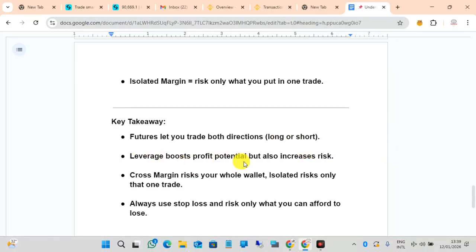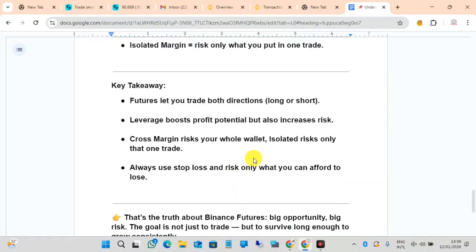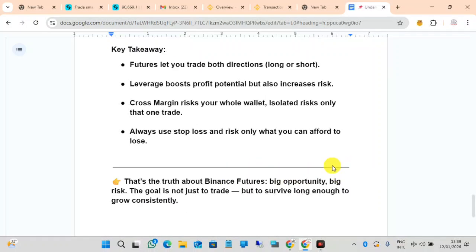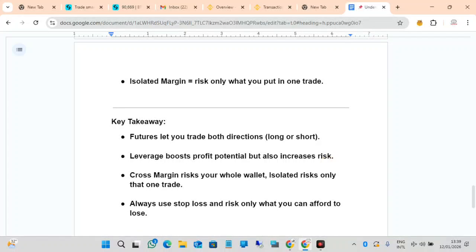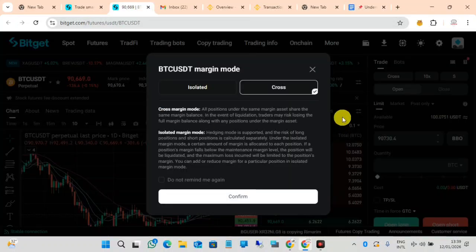Leverage boosts profit potential but also increases risk. Cross margin risks your own wallet. Isolated risks only that one trade. Also, always use a stop loss and risk only what you can afford to lose in that particular trade.